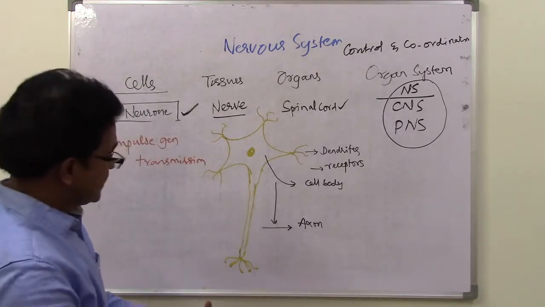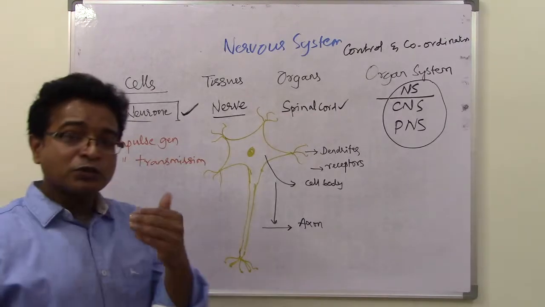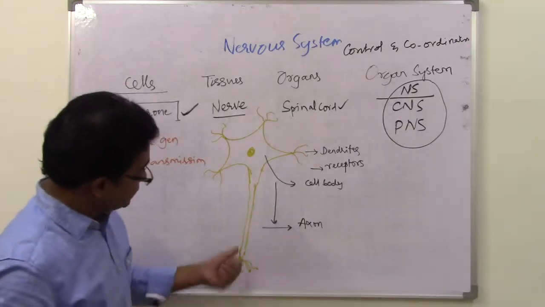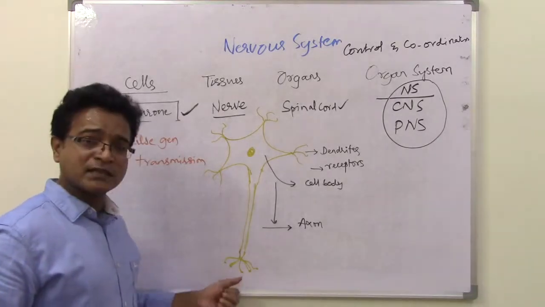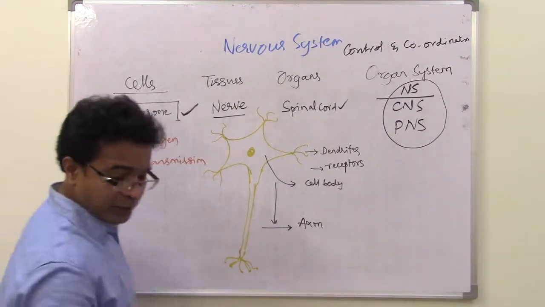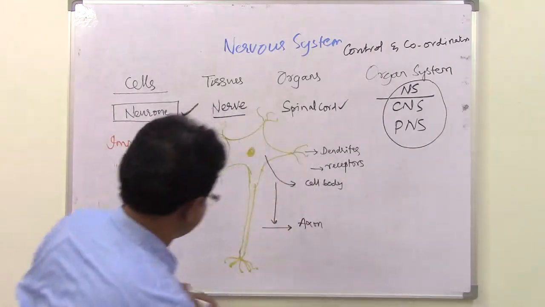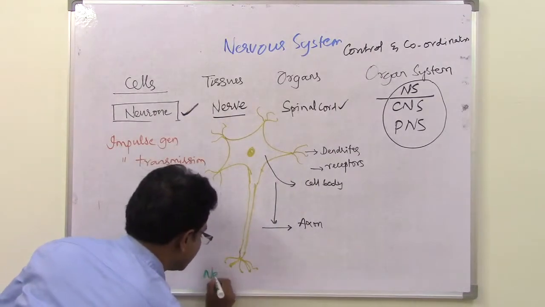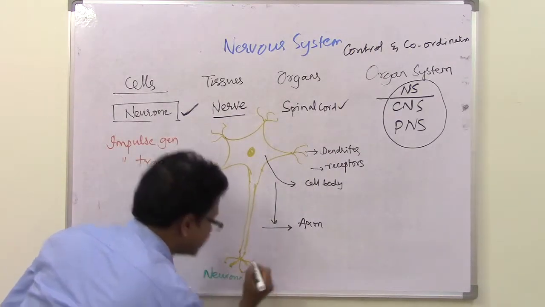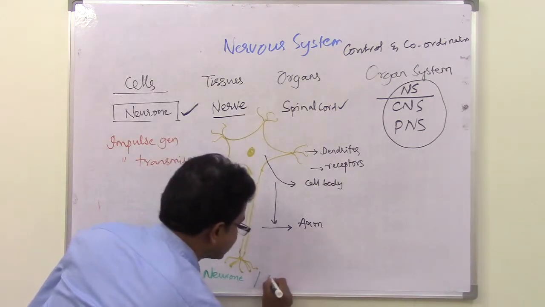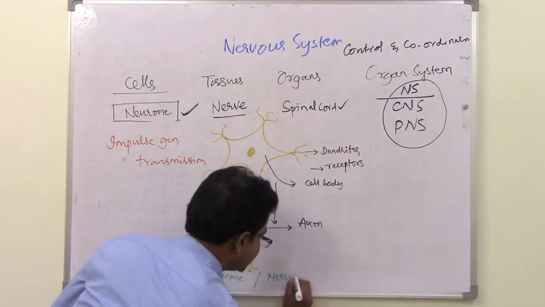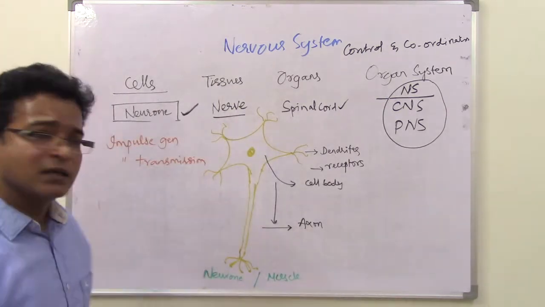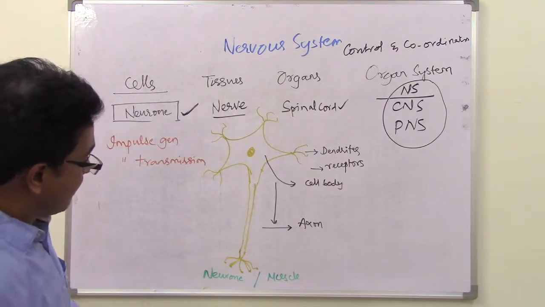They end up in a synapse. So there are two ways in which an axon can end its processes. One is either it can communicate with another neuron, or it can talk to any other effector organ. For example, it can be a gland, or it can be smooth muscle or skeletal muscle.